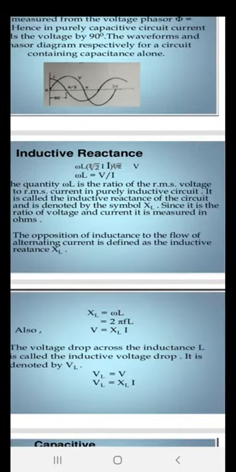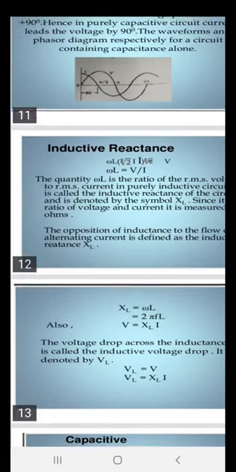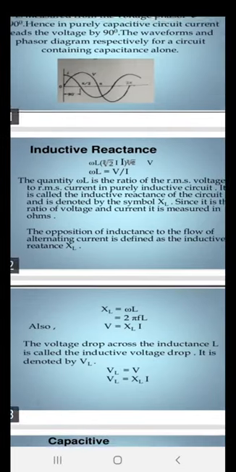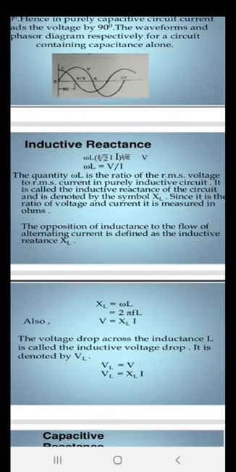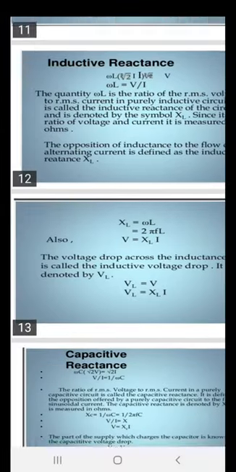It must be understood that the opposition of inductance to the flow of alternating current is defined as the inductive reactance XL. XL is equal to omega L, where omega means 2 pi f, so XL is 2 pi f L. Then V is equal to XL into I. The voltage drop across inductance L is called the inductive voltage drop. It is denoted by VL.